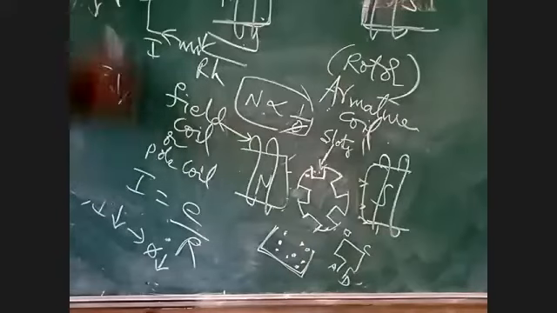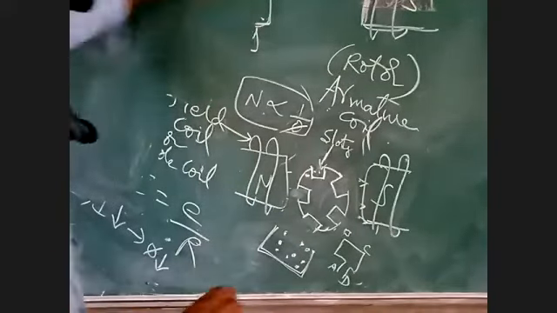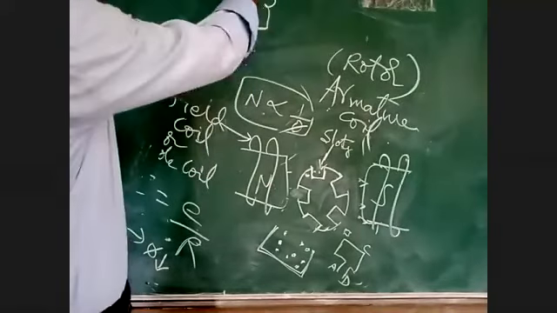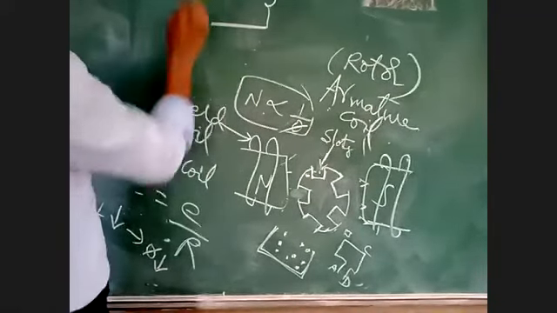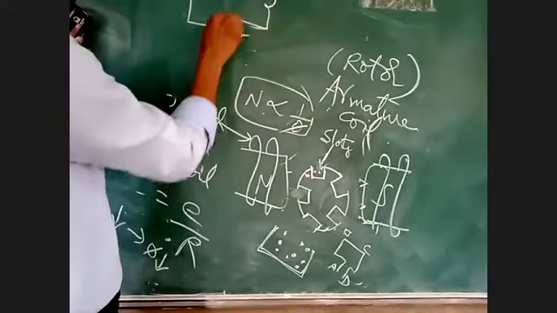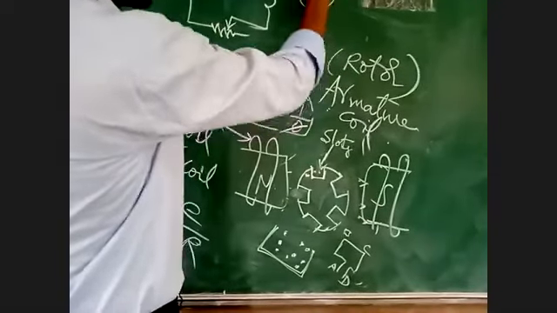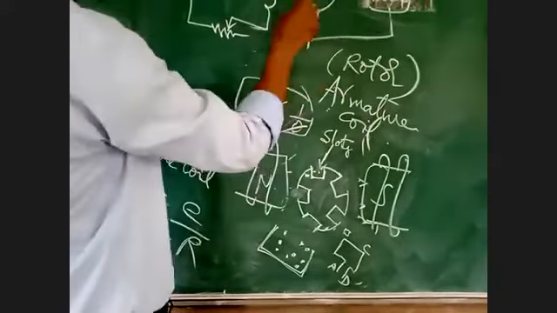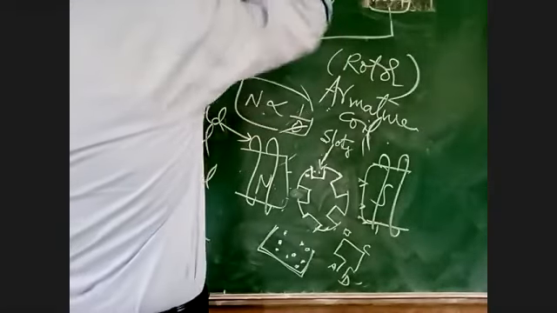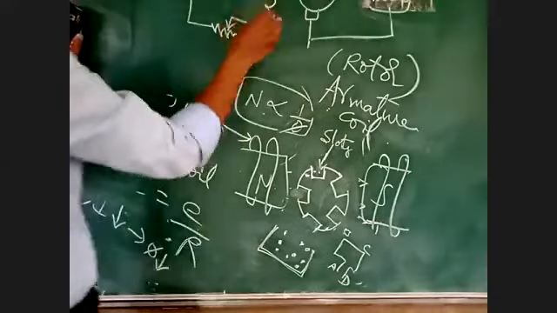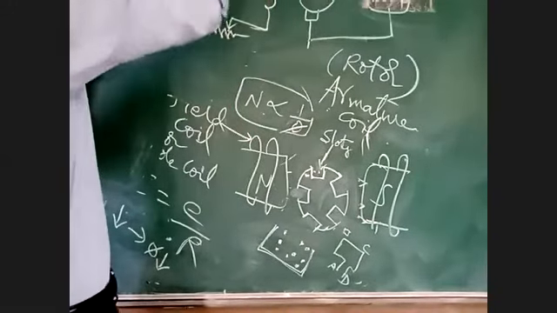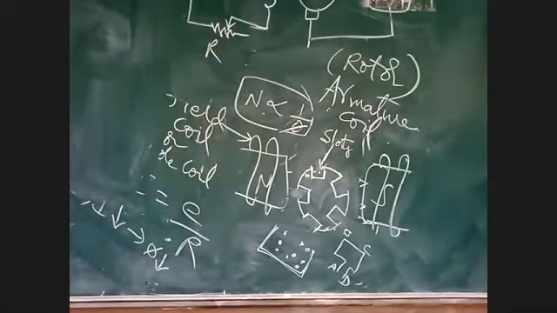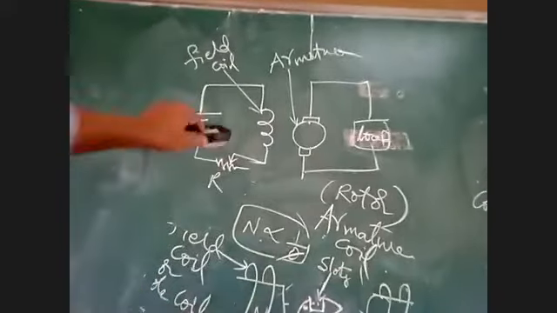Now I'll draw the equivalent circuit of DC generator. See, this is the field coil.